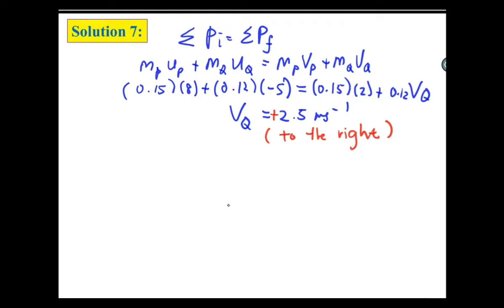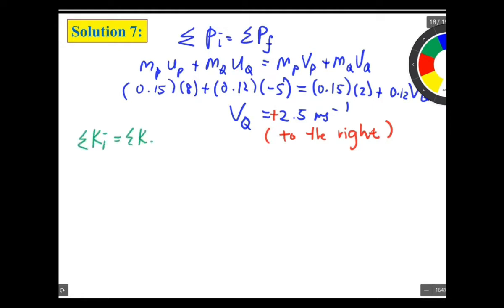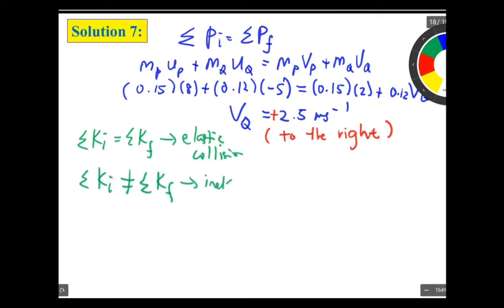Tapi kalau dia dapat total kinetic energy initial tidak sama dengan final, dia adalah inelastic collision. So maksud dia total K initial sama dengan total K final, dia adalah elastic collision. Kalau total kinetic energy initial tak sama dengan total kinetic energy final, dia adalah inelastic collision.